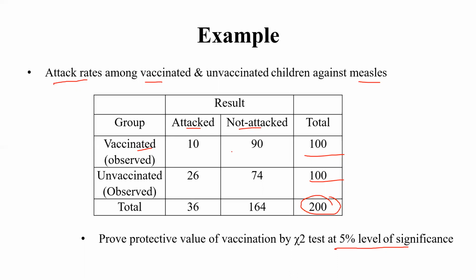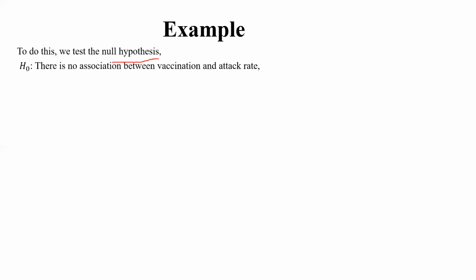So here we need to understand how to calculate the value. First of all, whenever we are going to apply the concept of the chi-square test to data, we need to develop the statement of the null hypothesis.